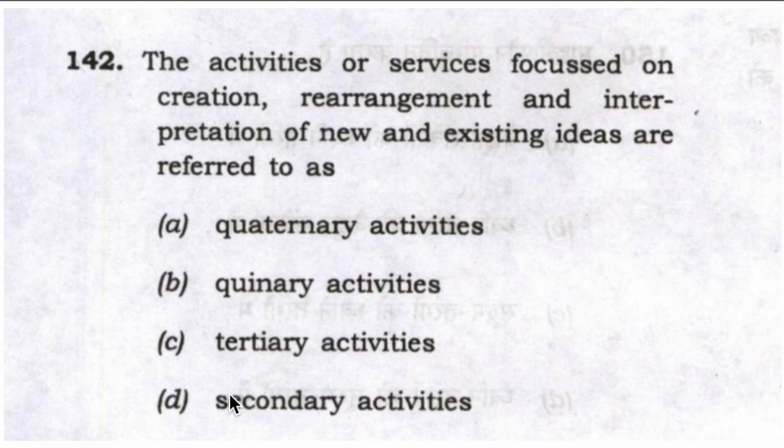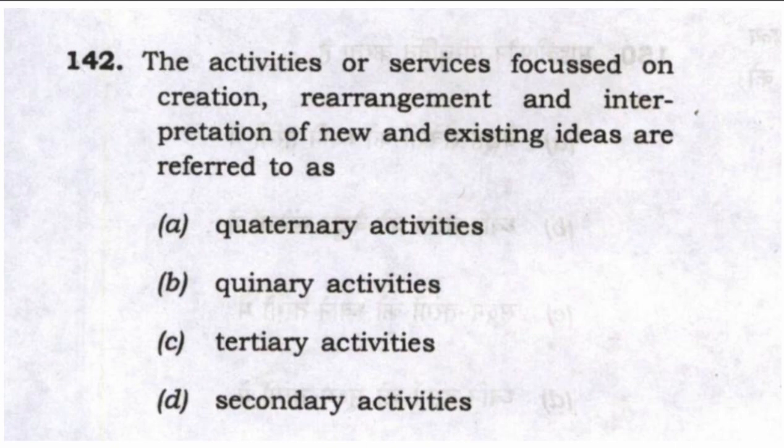All this comes under secondary activities. So quaternary deals with research and development. Quinary deals with creation and rearrangement of new things, new ideas. Tertiary activities deal with business, real estate, education, health and all. Secondary activities deal with manufacturing, construction, industries. So under this, the correct answer is option B.